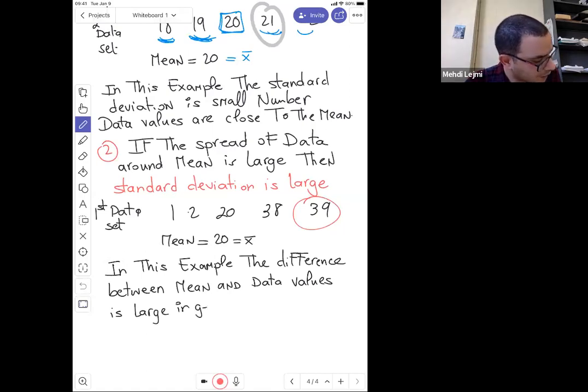In general. Of course, you can pick the 20, and 20 would be exactly your mean, right? But in general, that's what I mean by in general.